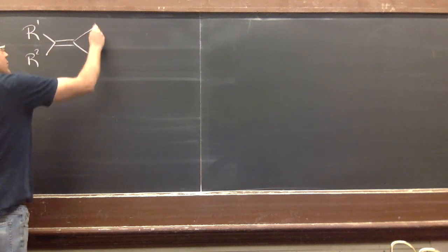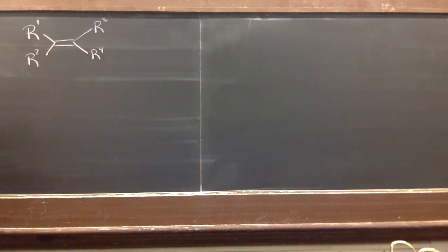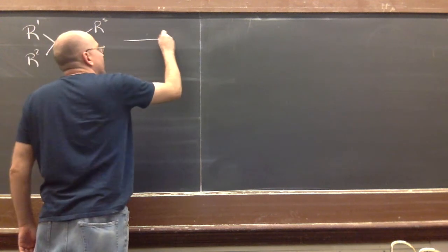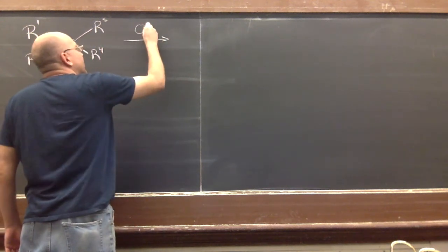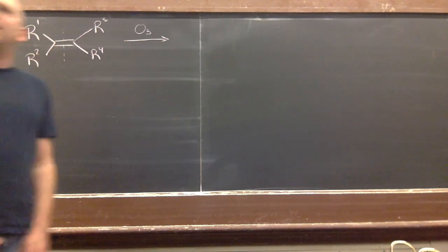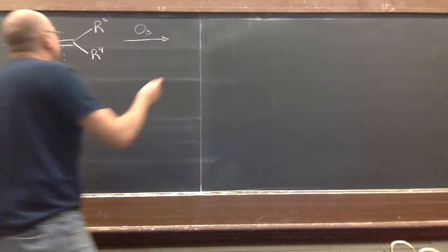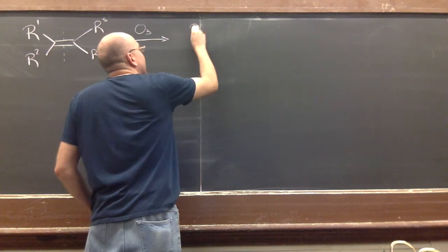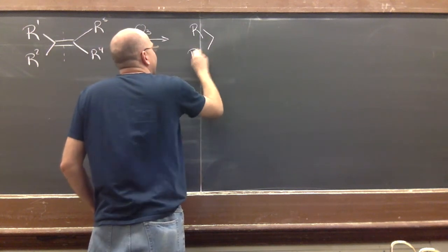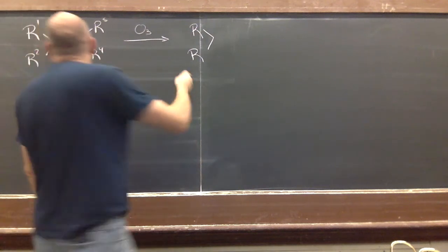Say R1, R2, R4, sort of specifying specific groups. And we discussed that there is a reaction that can actually take this molecule and basically break that alkene in half. So we can fragment the alkene completely and generate two carbonyls. Right? And those two carbonyls can be ketones, they can be aldehydes. You can eventually generate formaldehyde, which is basically a carbonyl with two hydrogens on both sides.